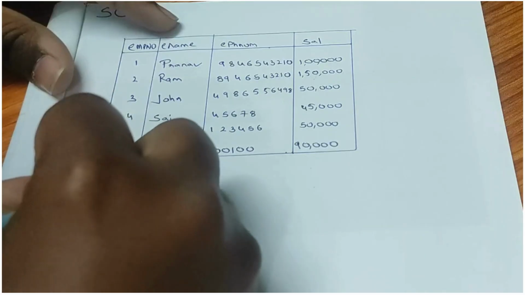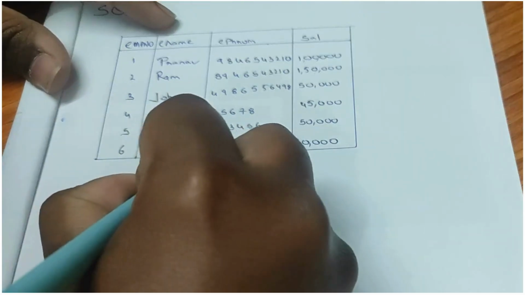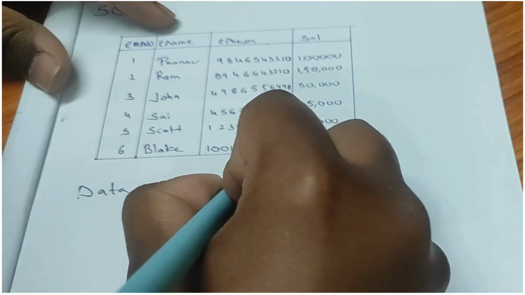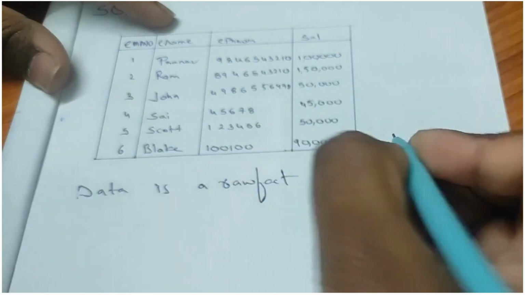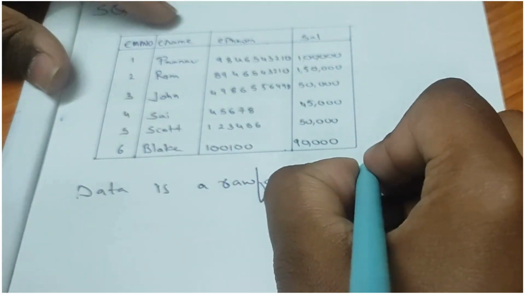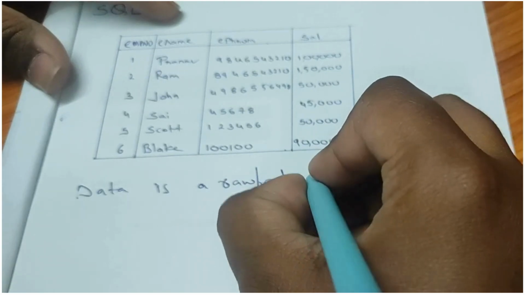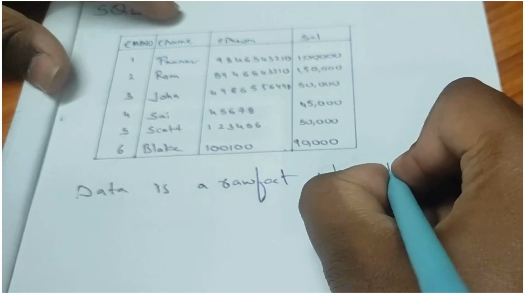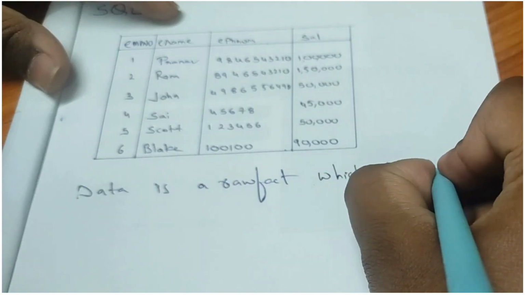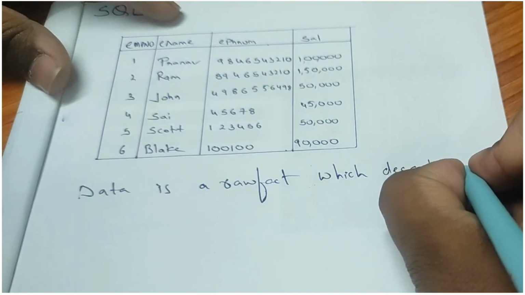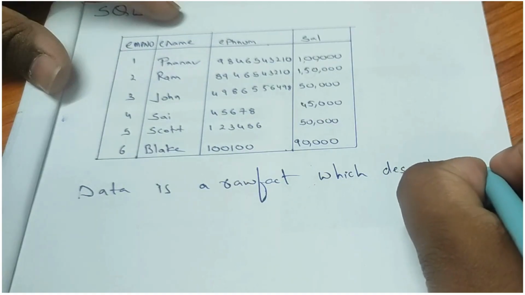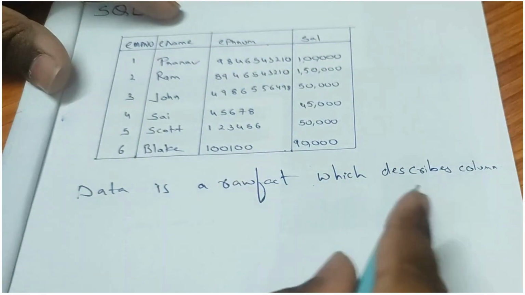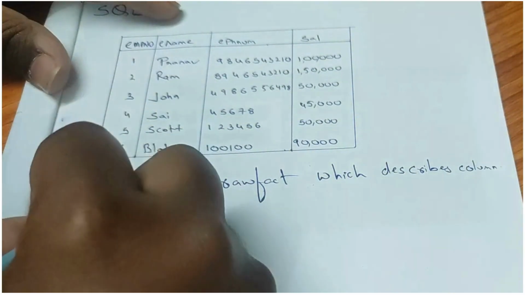First of all, data is a raw fact which describes column, which is described by column of an entity.